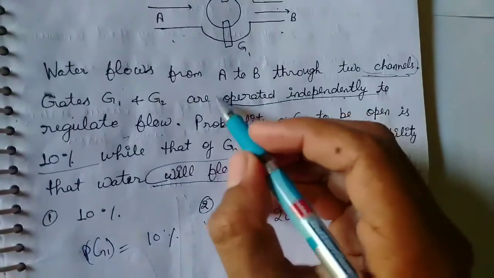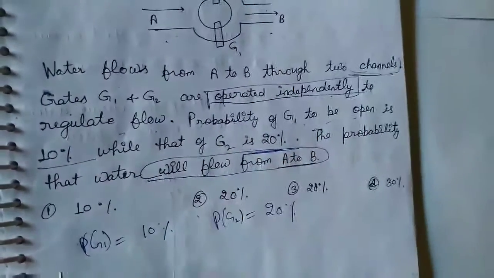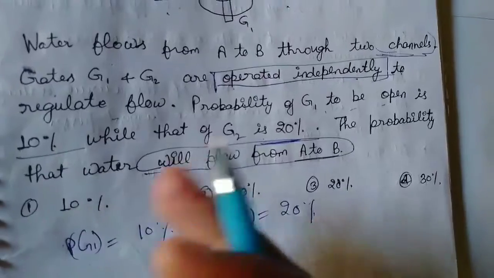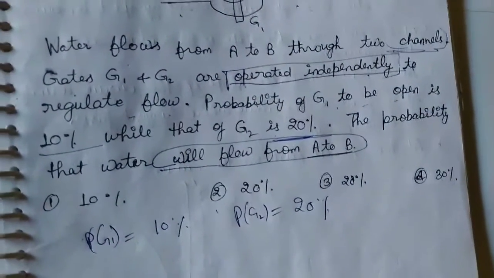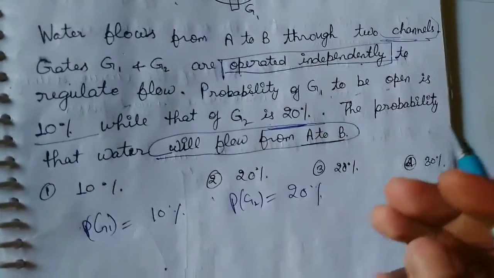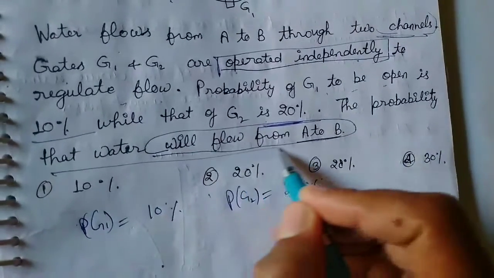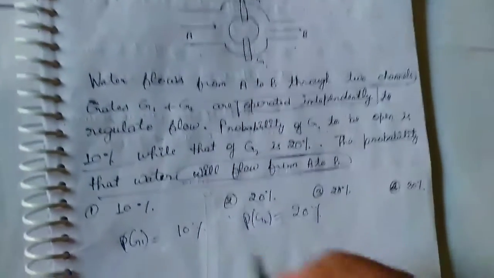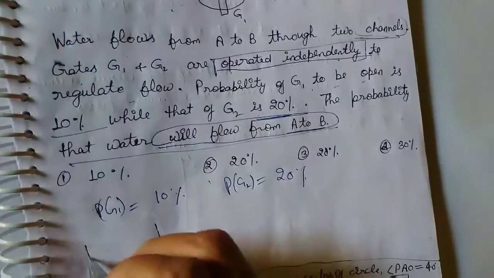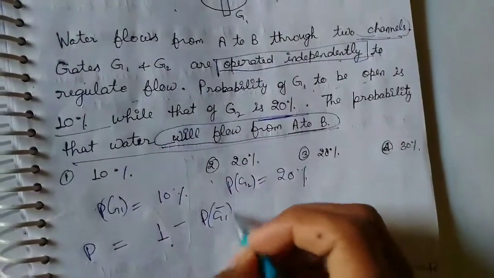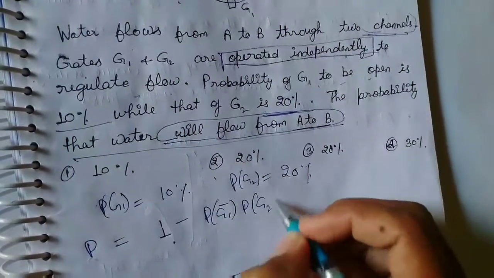These two operations are independent, so we can multiply the two probabilities. Our question is the probability that water will flow from A to B. So the answer will be 1 minus P of G1 bar into P of G2 bar.